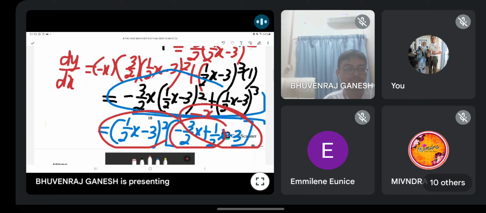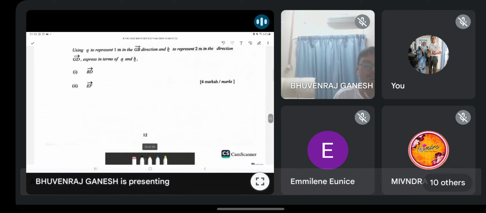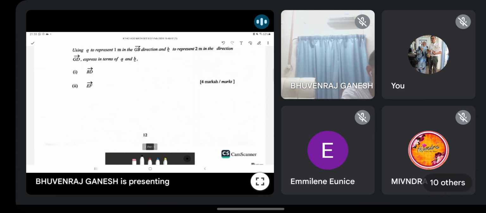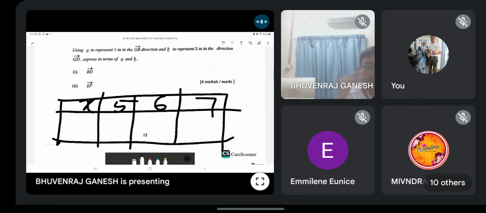Boleh faham, Haida? So tangent sketching method, basically, what you need to do is directly draw a table. You got your equation, you just put random values for x, 5, 6, 7, and you test and see what the value of dy/dx is, based on the equation I got just now.